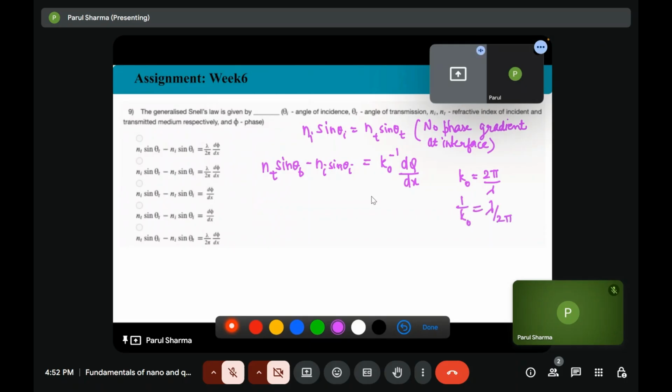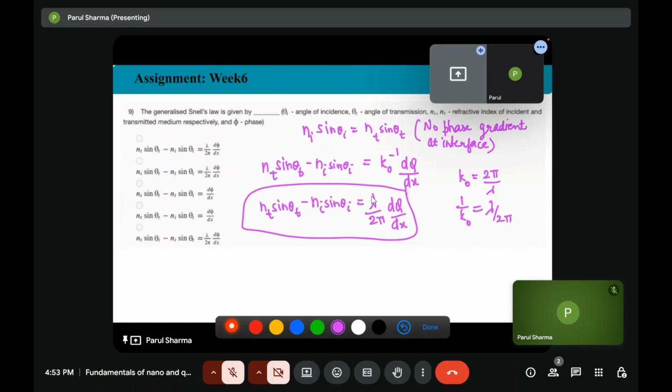So the correct answer is Nt sin theta t minus Ni sin theta I equals lambda by 2 pi times d phi by dx. So A is the correct option.